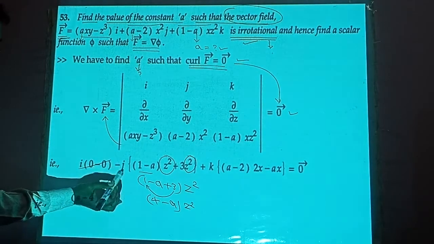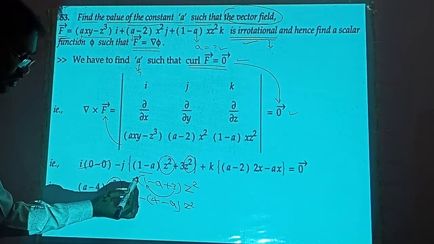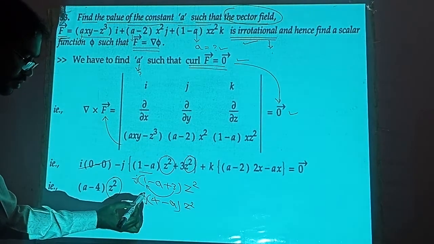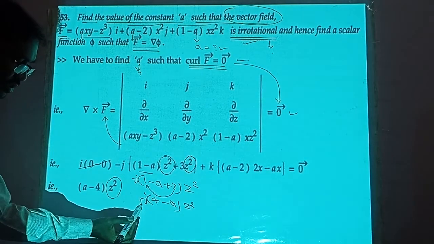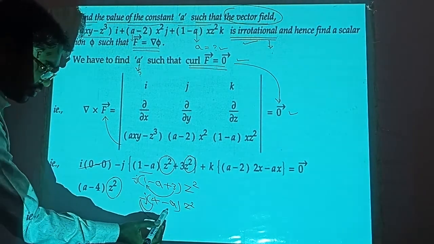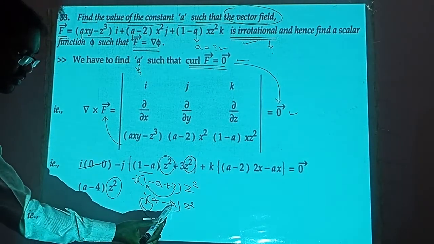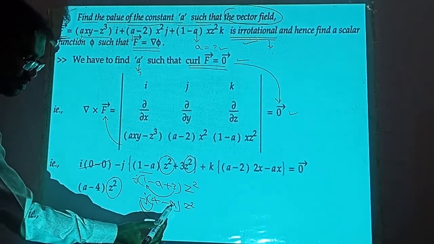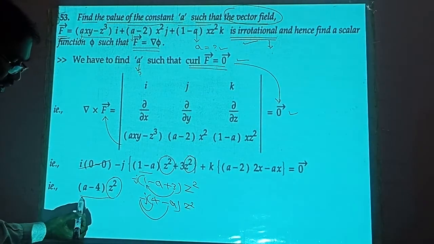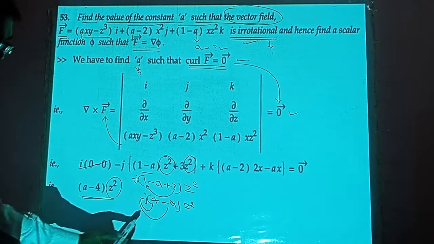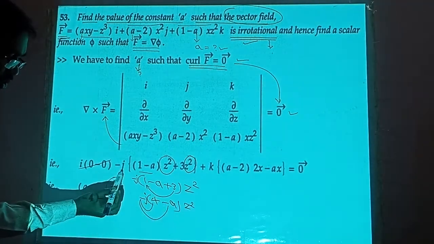Here minus we have, minus sign. Minus j is also there. Let us write j. Minus j as it is. Now if you multiply this minus sign inside, what it becomes? A minus into minus plus, a minus 4. That is what they have written directly. A minus 4 z square into j.